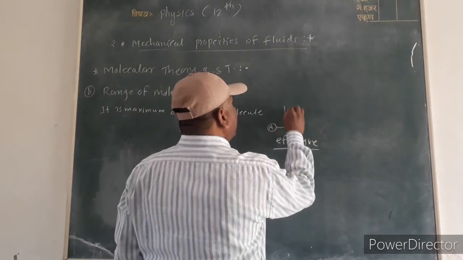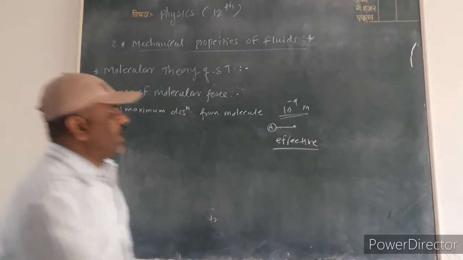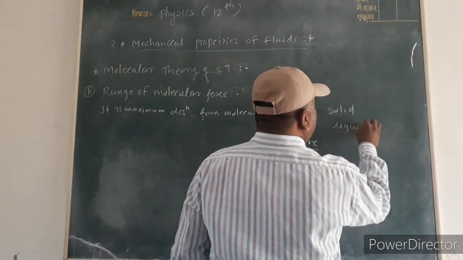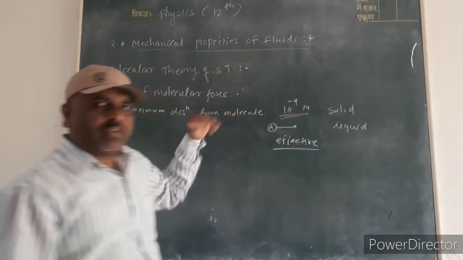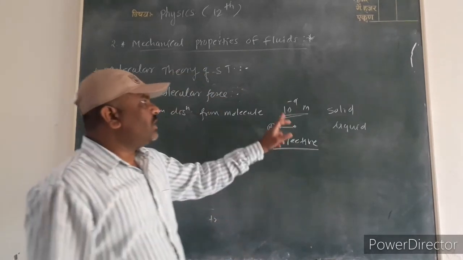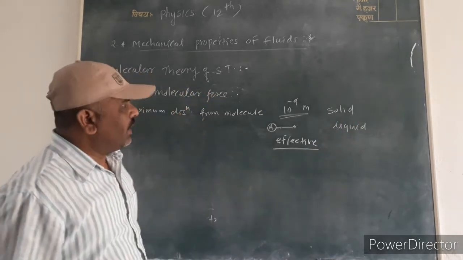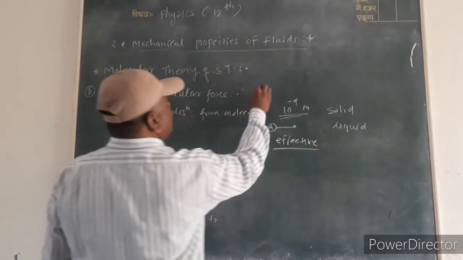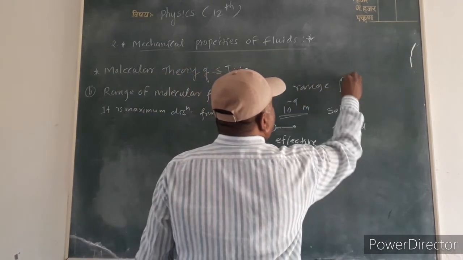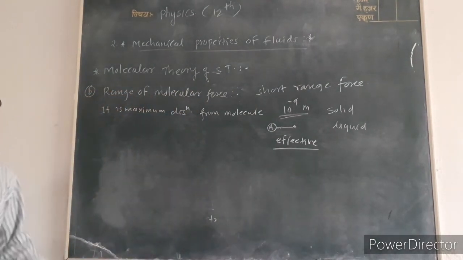This distance is about 10⁻⁹ meter in case of solid and liquid. The intermolecular force is effective at a very short distance, 10⁻⁹ meter in case of solid and liquid, and this force is a very short range force.